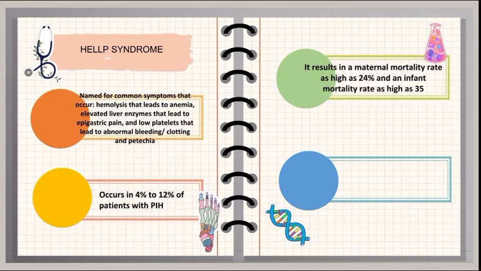The syndrome occurs in 4% to 12% of patients with pregnancy-induced hypertension, or approximately 1 in every 150 births. It is a serious syndrome because it results in a maternal mortality rate as high as 24% and an infant mortality rate as high as 35%.